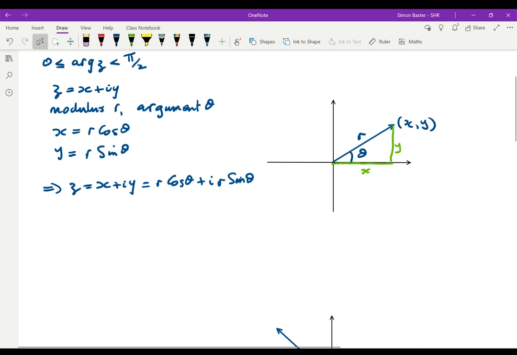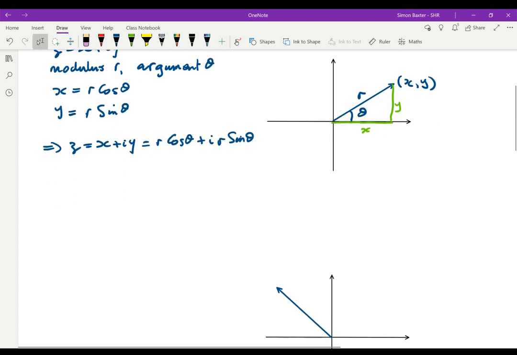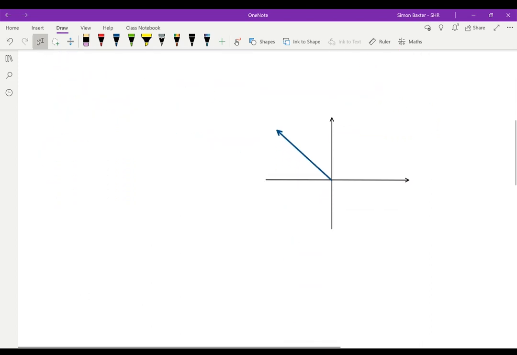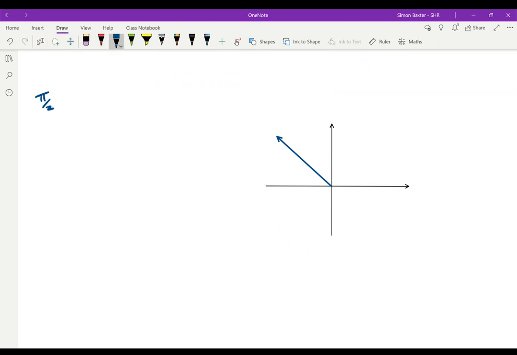Let's have a look and see what happens if we take the argument of z to be obtuse: pi by 2 less than arg z less than pi. Here we go the same way. We take z equals x plus iy, and the modulus of z is r, and the argument of z is theta.